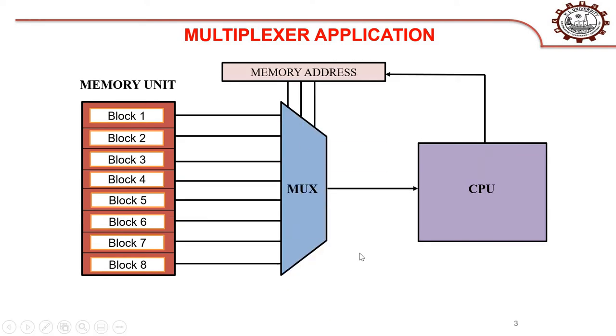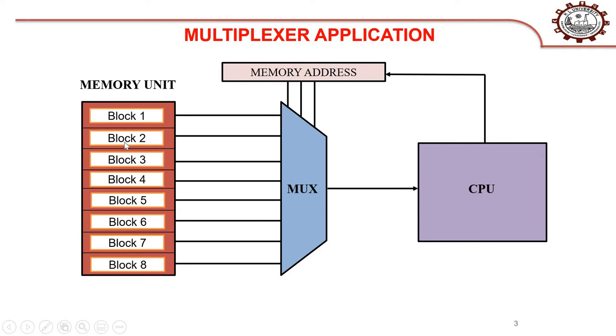Another example I will show. The CPU will take data from a memory unit. Many times the CPU will interact with the memory and collect data. Wherever data is stored in the memory unit, it will be identified by the CPU through a multiplexer. Just look at the arrangement here.